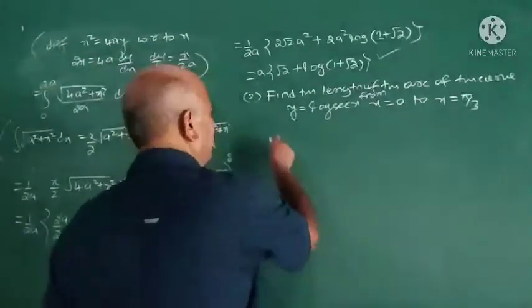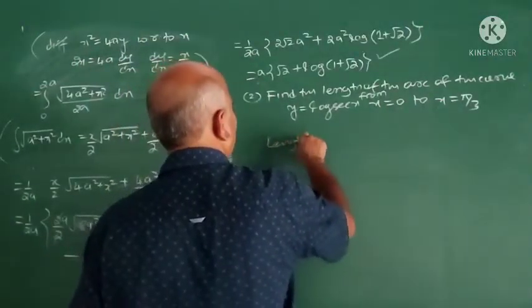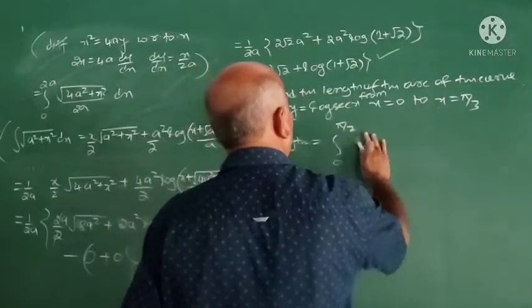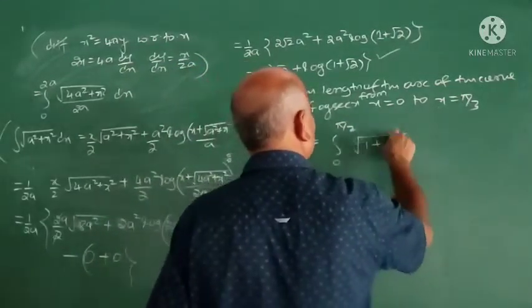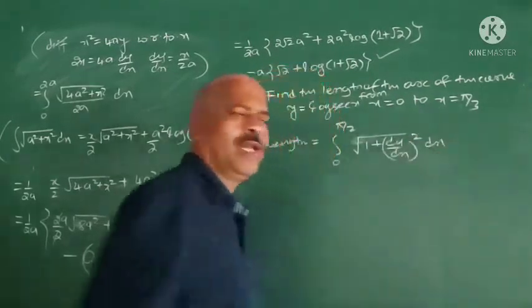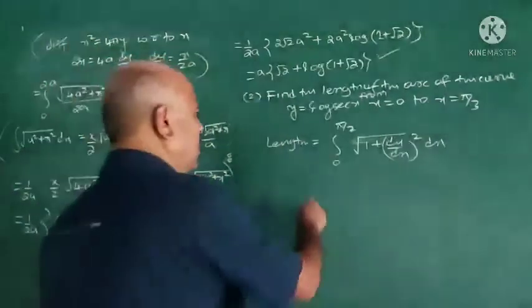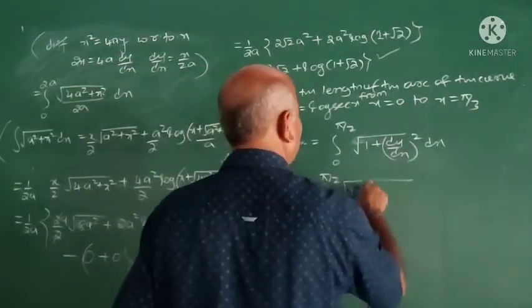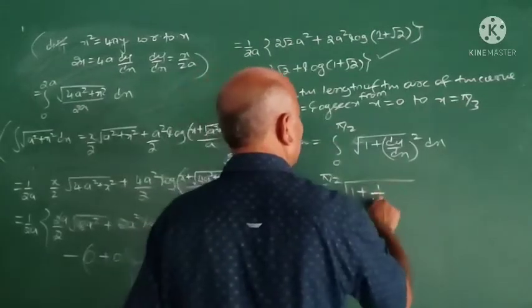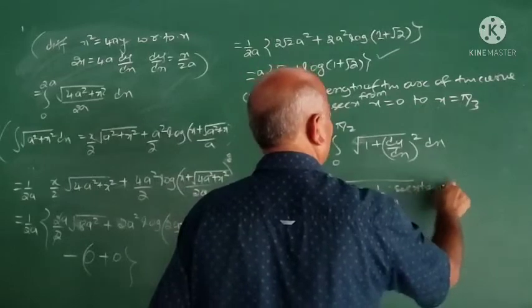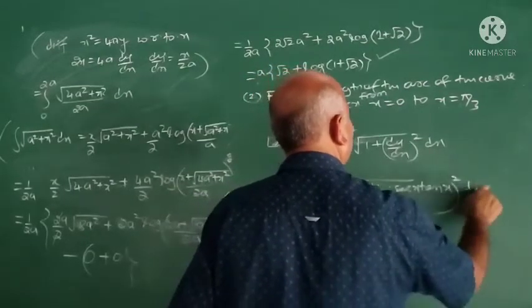What is the application? Length is equal to integral 0 to pi by 3 root of 1 plus dy by dx whole square with respect to x. This is the formula. Therefore 0 to pi by 3 square root of 1 plus, what is dy by dx? 1 upon sec x into sec x tan x, whole square with respect to x.